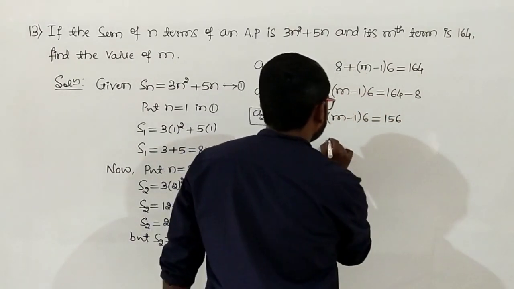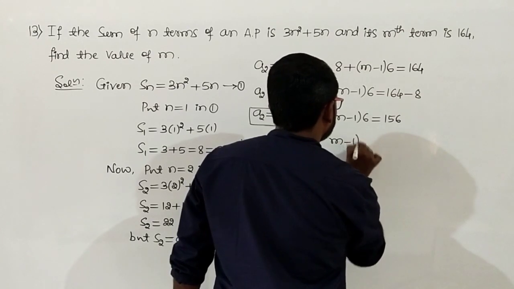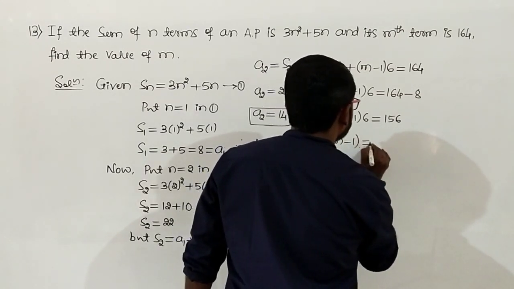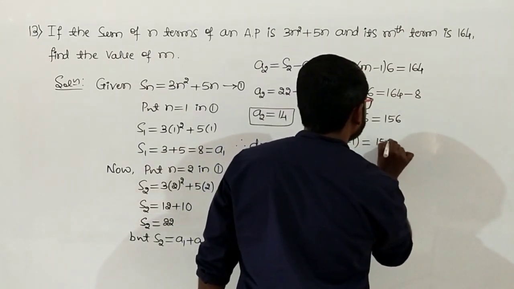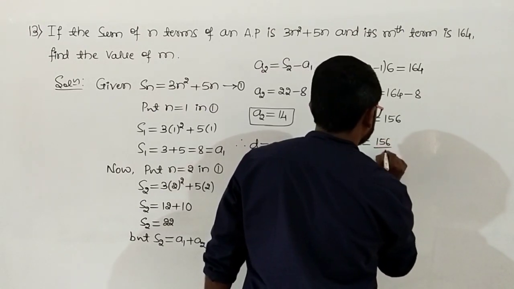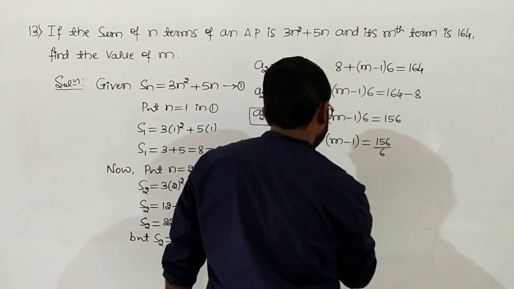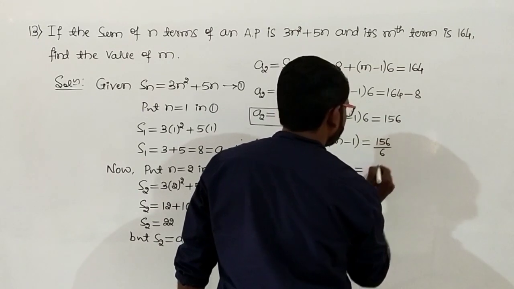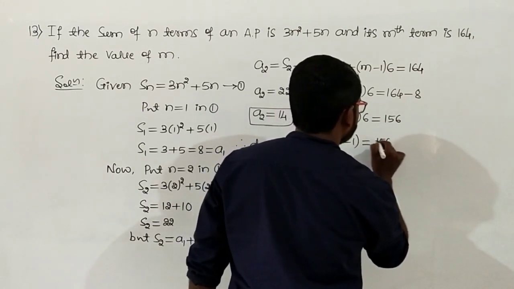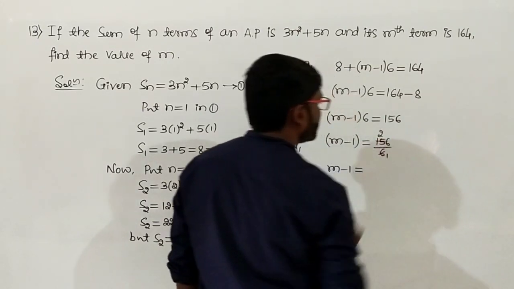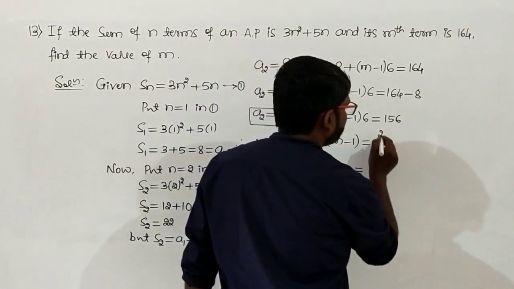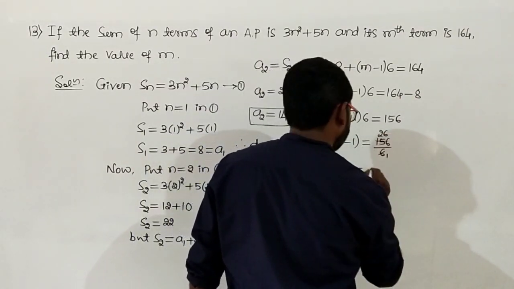So now M minus 1 which is equals to, take 6 to the RHS, it goes to the denominator. Now 156 divided by 6. So M minus 1 which is equals to 26.